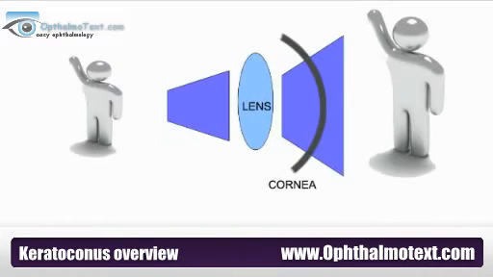Well, in an eye without keratoconus, you view the world. If you look on the right-hand side, there's something you might see in the real world. The light travels through the regularly shaped cornea onto the lens. The lens then focuses that image back onto the retina.